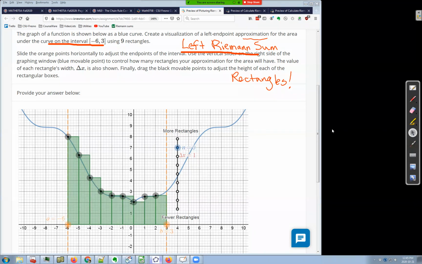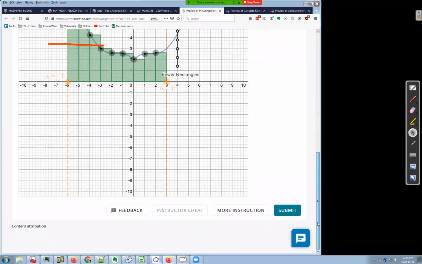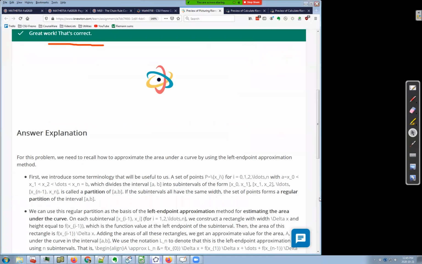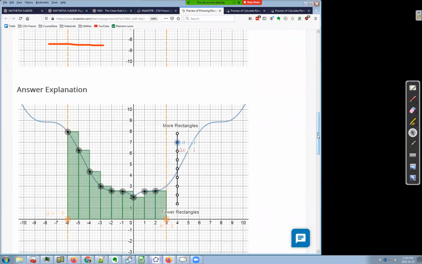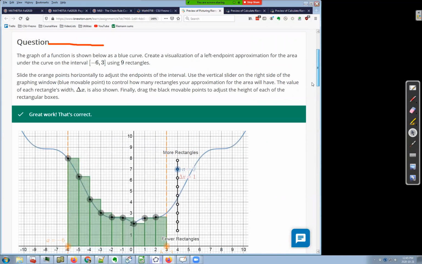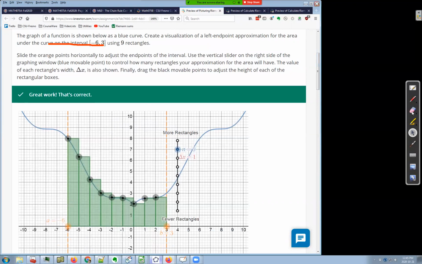And that's what you have to do there. Let's check to make sure I got it right. I'll click submit, and it said I was right? Yeah, there we go. So those homework problems are kind of fun. You just get to drag points around and make a pretty picture. So those are really fun.